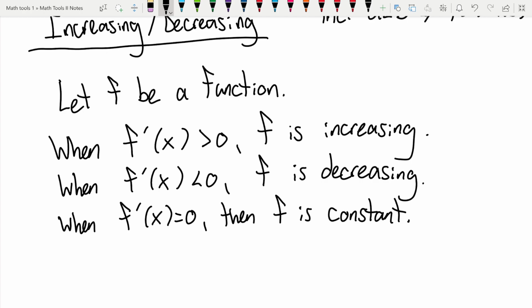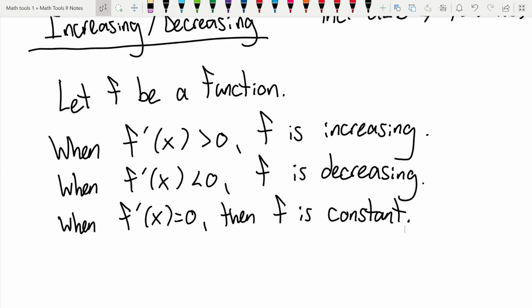That's the only time we've seen the derivative be 0. And it is the only time where we would see the derivative be 0 everywhere, if we had a part of the function which is constant, meaning it's neither increasing nor decreasing. It would just be a horizontal line on the graph.